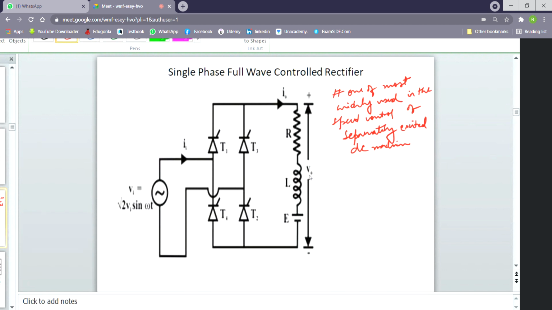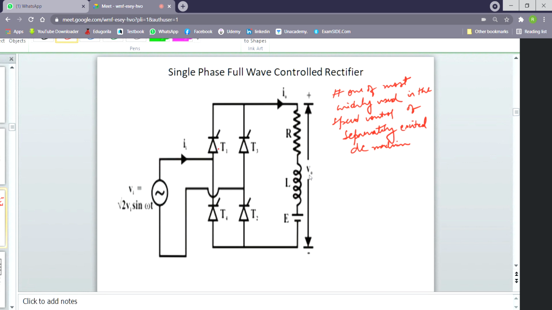That RLE load that we can see here represents the equivalent circuit of a separately excited DC motor. I hope the screen is visible.